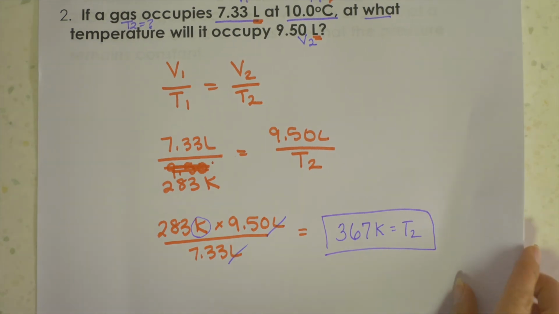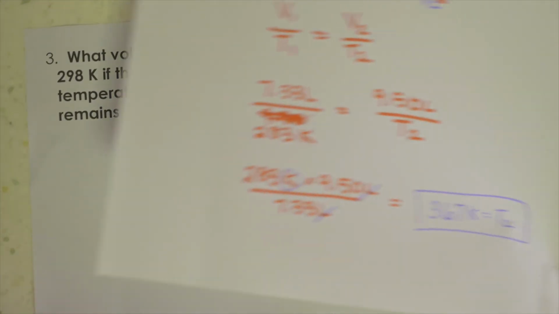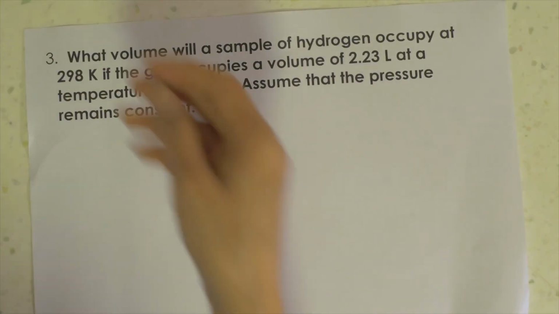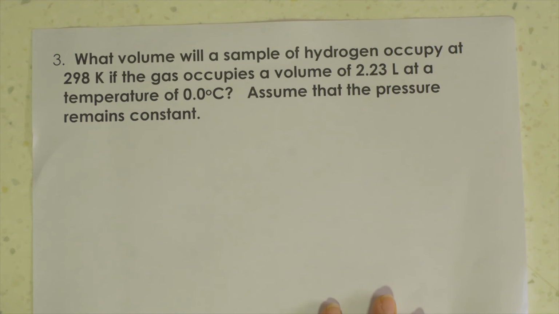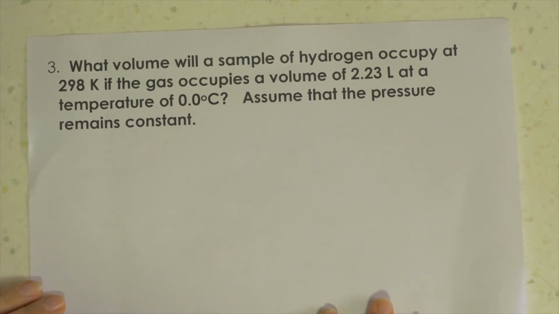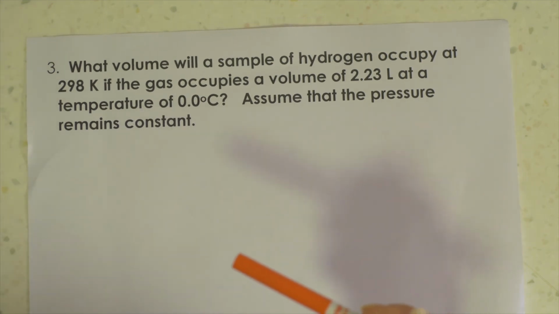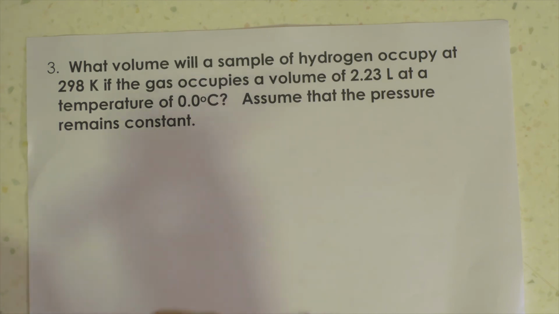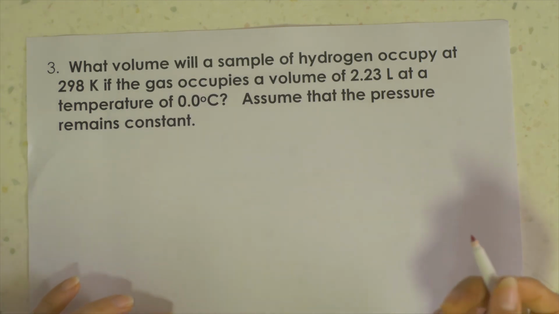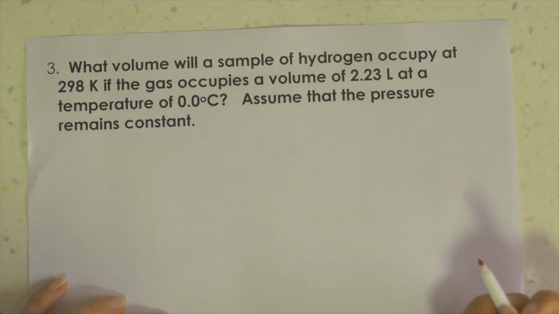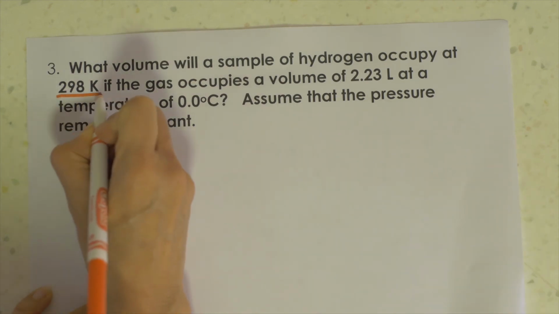You can go ahead and start on some of your quiz questions, but let's go ahead and I'll do one more for you. This one has a little bit different missing piece. So, number 3. What volume will a sample of hydrogen occupy at 298 Kelvin?